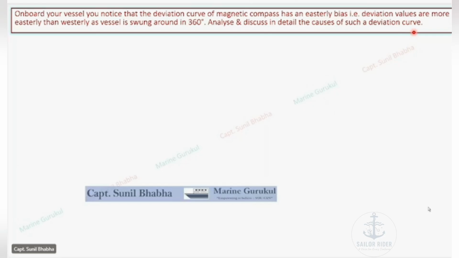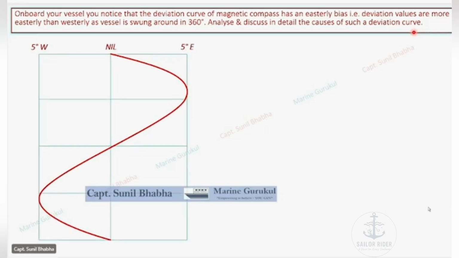So let us first of all try to understand what the question wants to convey. Let us assume that on a particular ship we see the deviation curve. A normal deviation curve is going to look like a sine curve. At a particular heading, the deviation is nil.